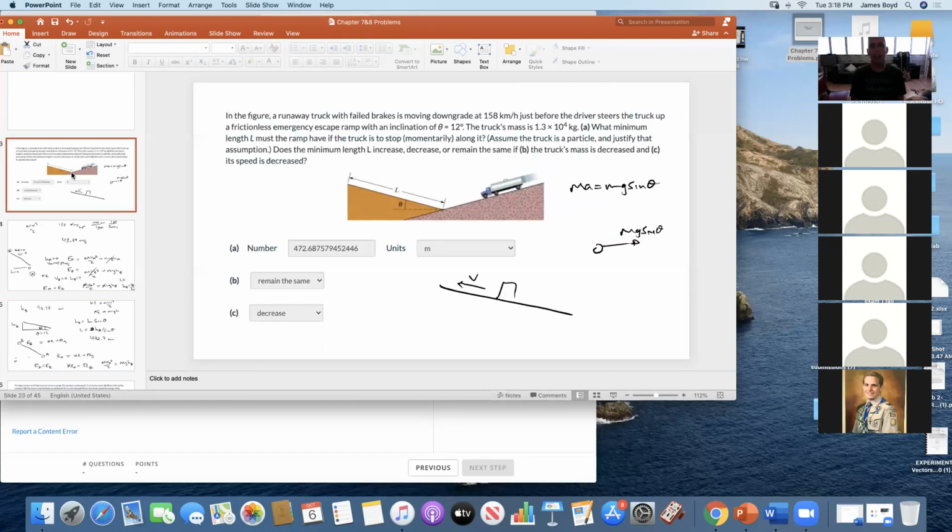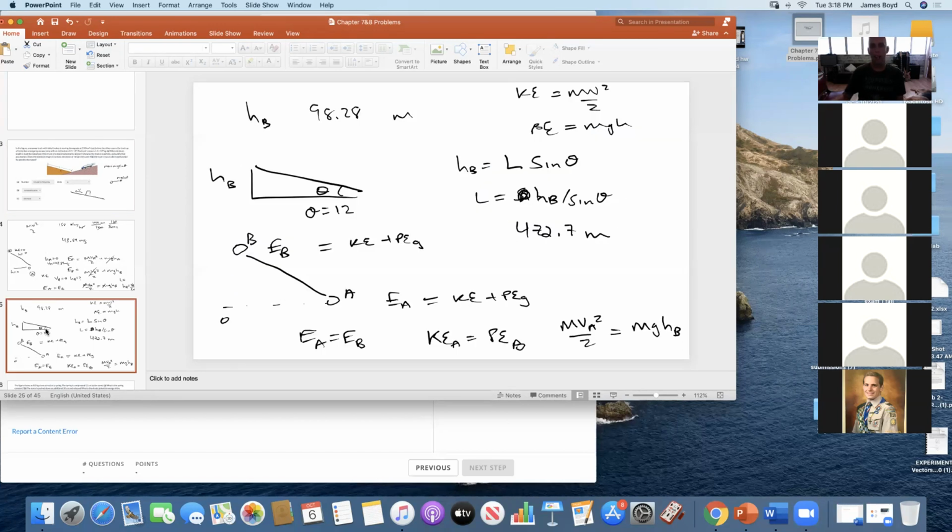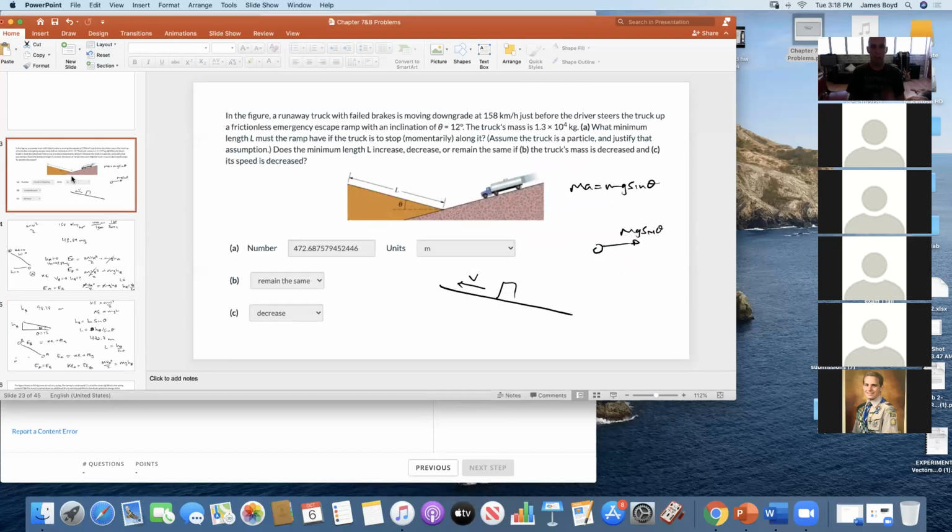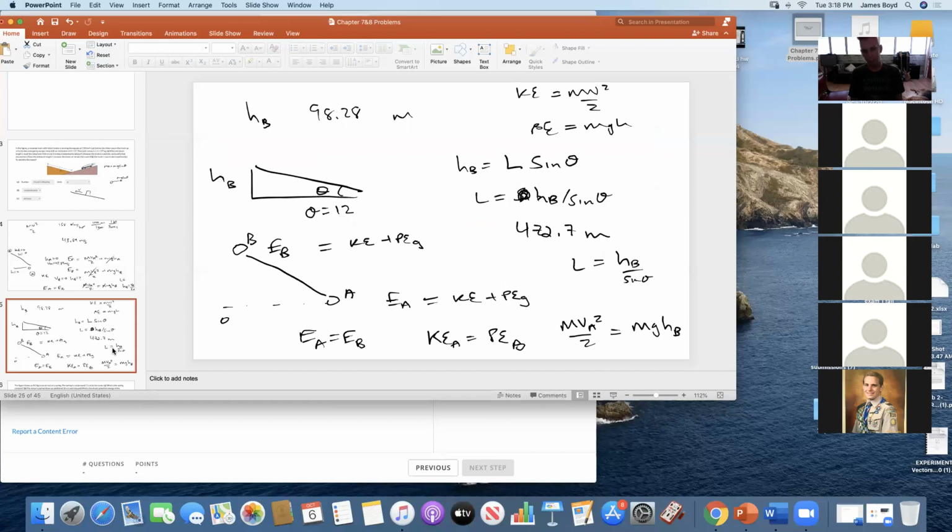The next thing that they ask us is, if you decrease the mass of the truck, would L increase? So we know that L is dependent on H and sine theta, but it depends on H. So what they're asking is, if the truck's mass decreased, if it weighed less, would we have to increase L?